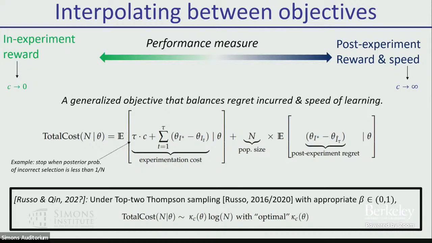You can come up with a nice weighting factor where you balance the two objectives and think what's the right policy to deploy in each case. A natural one to deploy is what I'm going to call top 2 Thompson sampling. It's an older algorithm I once proposed. It has a tuning parameter in it, and that tuning parameter can be set based on how strongly you want to target one of the two objectives.